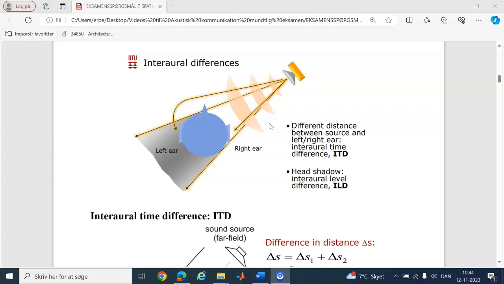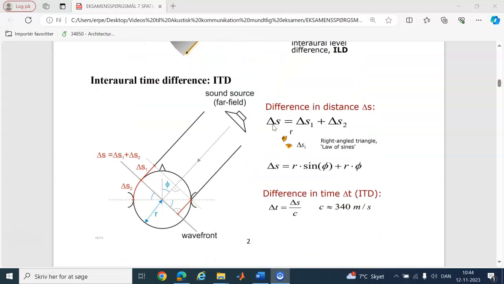So the high frequencies will not diffract, and then you hear the sound better in the right ear than in the left ear.